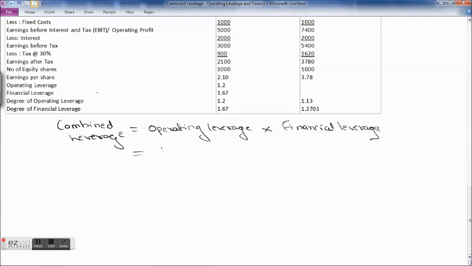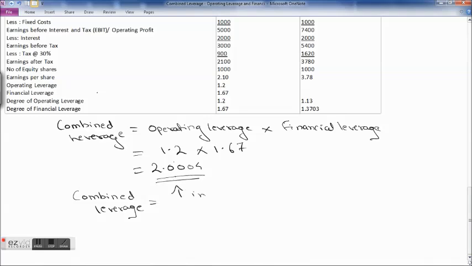Financial leverage is 1.67, right? So your combined leverage is 2.0004.